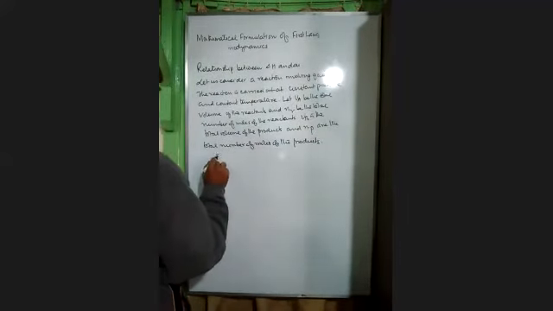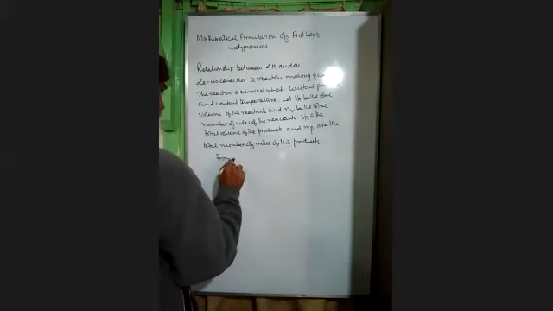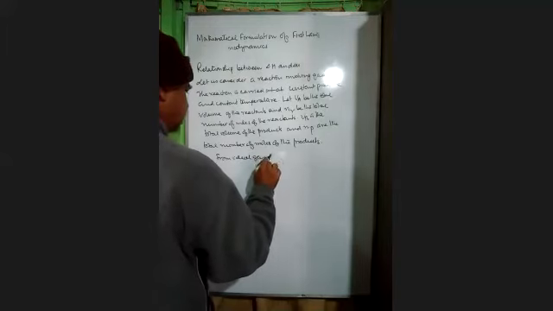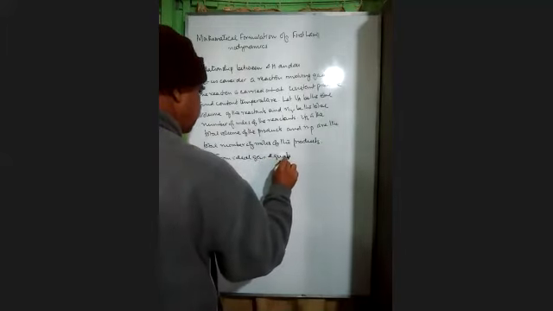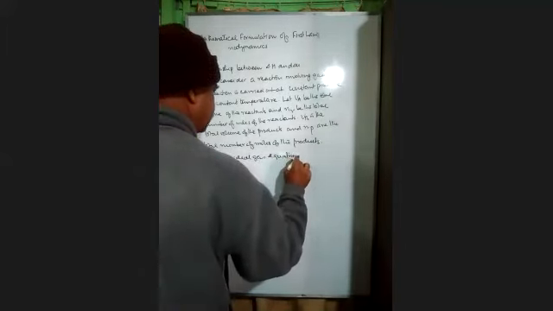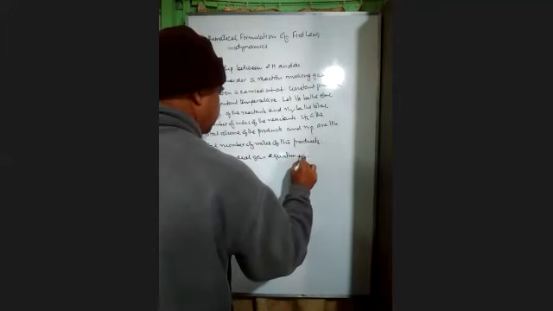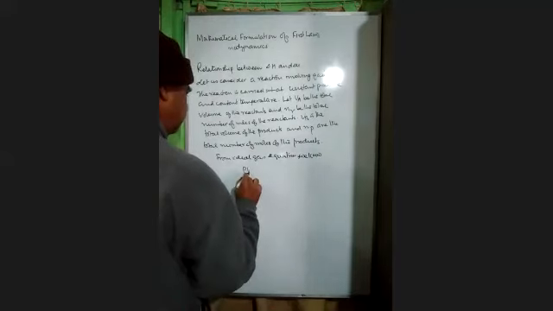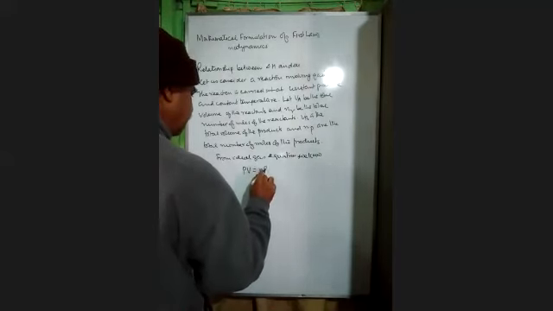You can write here, from the ideal gas equation, we know PV is equal to nRT.